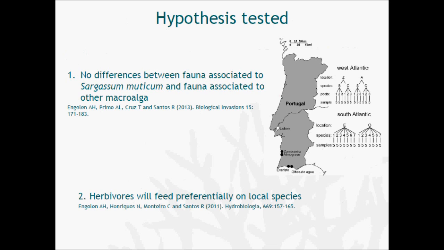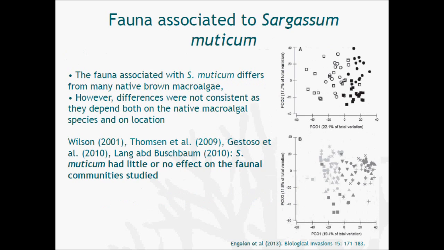Meaning, in the introduced zone, does this invasive have specific herbivores or not, because the other ones do. This is published now, and also the food preference choices. I mean, do the herbivores in the introduced range prefer the invader, or do they prefer the native species? So we looked at this.